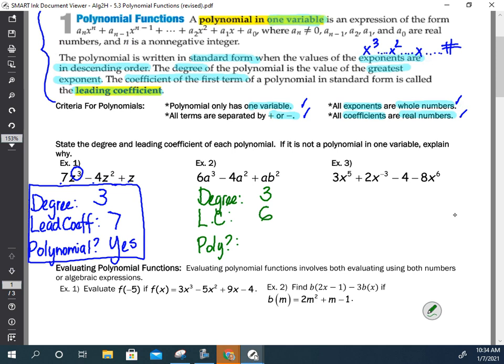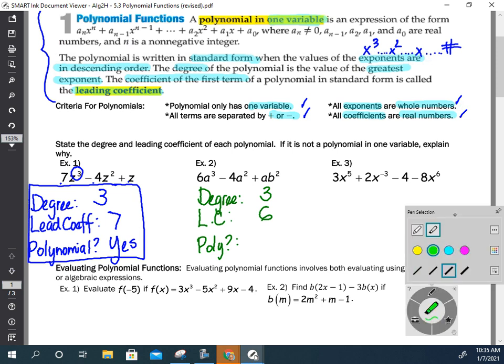So my question for you is, is that a polynomial? It's not. Why? There's more than one variable. So right there is how it failed.